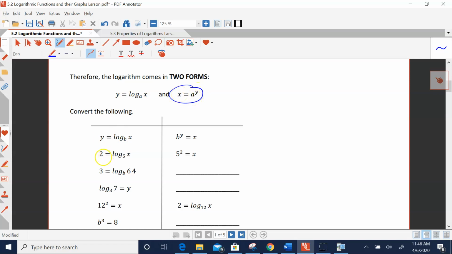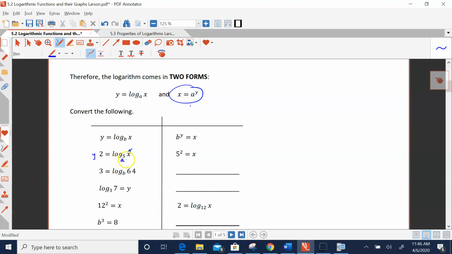If I had the logarithm 2 equal log base 5 of x, I want to rearrange those to be in this format. So it would be 5 squared equal x. All we need to do is recognize the 5 is in the a position, the x is in the x position, and the 2 is in the y position.